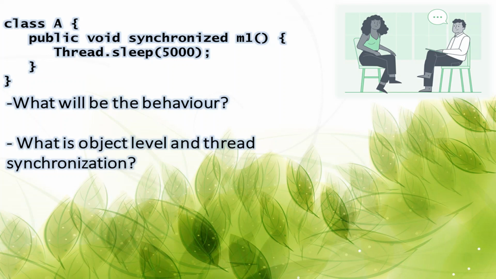So now this was the class structure. Now I have created two different objects of this class, let's say A1 and A2, and from two different threads using these two different objects I'm invoking the m1 method.